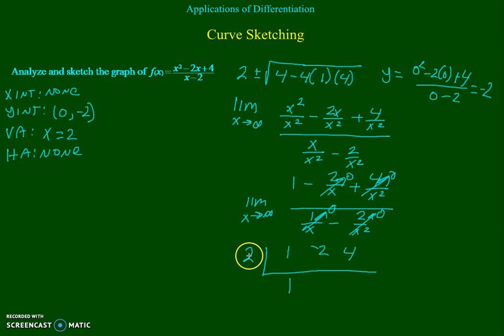Drop down the 1, 2 times 1 is 2, and that's 0. As we can see, we're not interested in the remainder. When you divide x minus 2 into x squared minus 2x plus 4, we get y equals x. And y equals x is our slant asymptote.